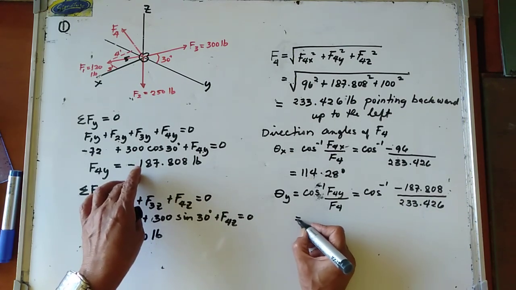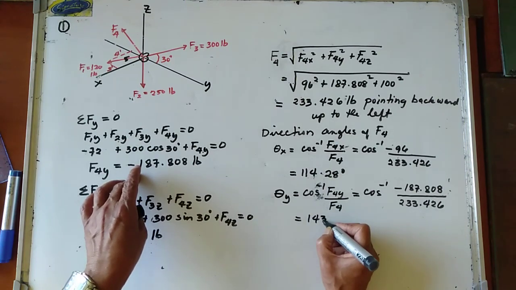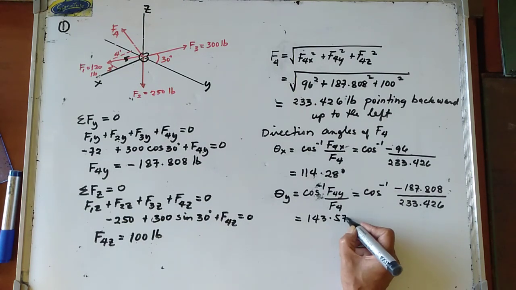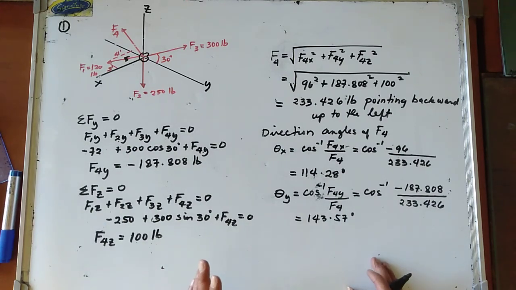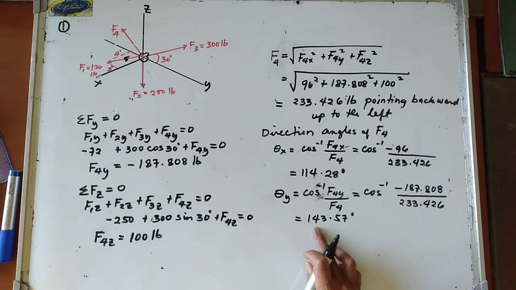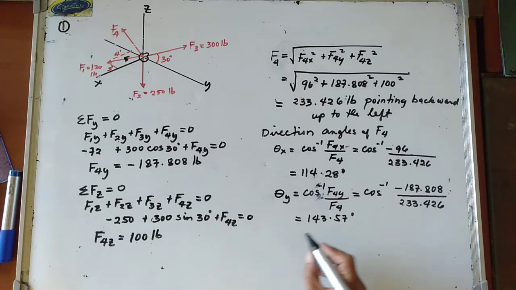So your theta y is 143.57 degrees. So F4 is making an angle of 143.57 degrees with the positive y-axis.